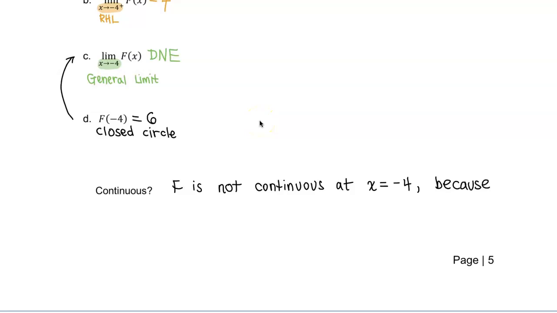Only if the general limit equals the function value do we get to say it is continuous. But the general limit doesn't even exist. So that's why it's not continuous, because the limit as x approaches -4 of f of x does not exist.